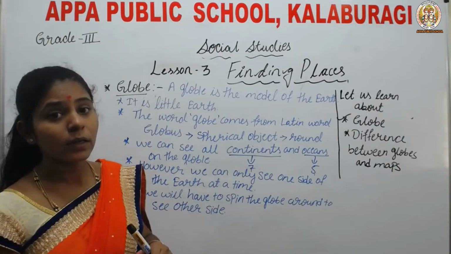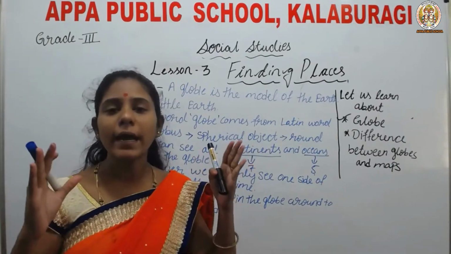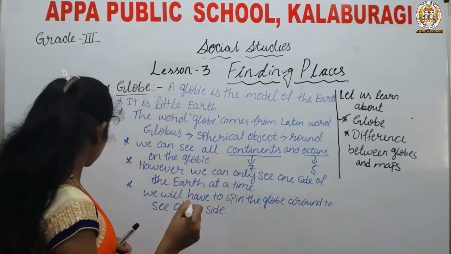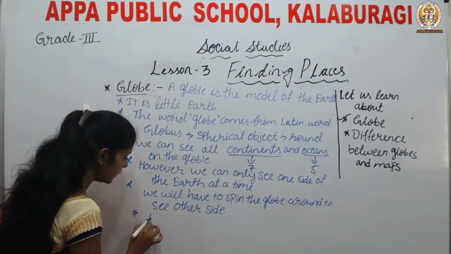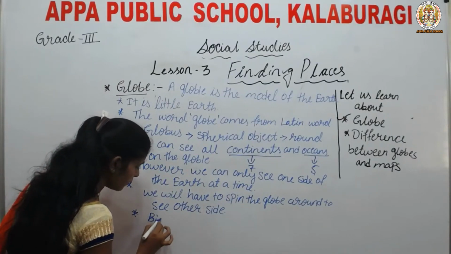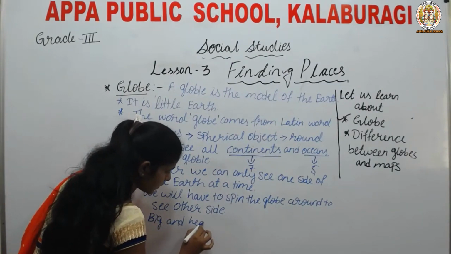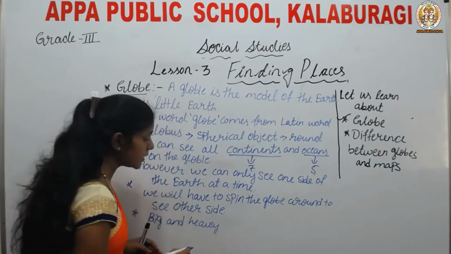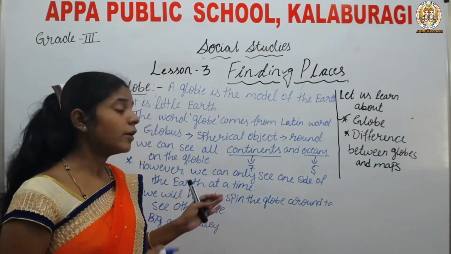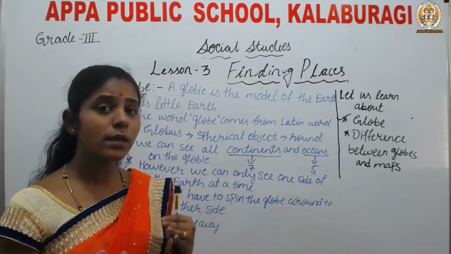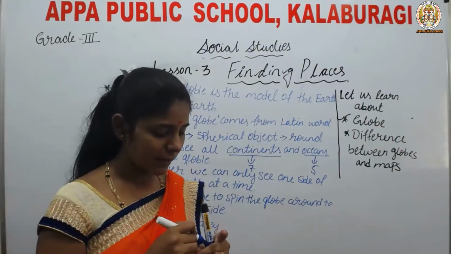A globe is big and heavy. It is difficult to carry from one place to another, which is why people use maps while traveling.